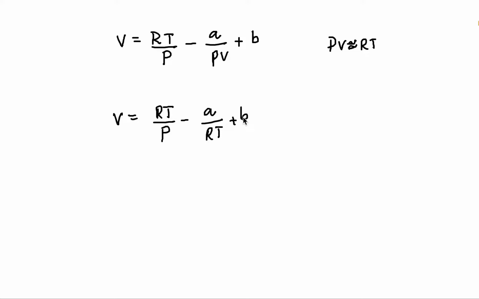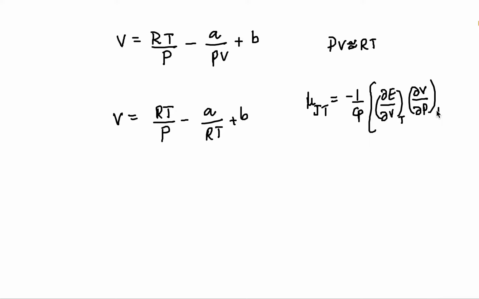And if we remember correctly, for the mu JT expression, what we have is negative 1 over Cp times (dou H over dou V at constant temperature times dou V over dou P plus dou PV over dou V).